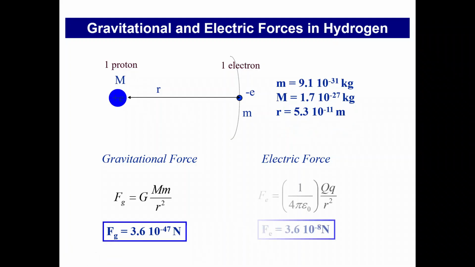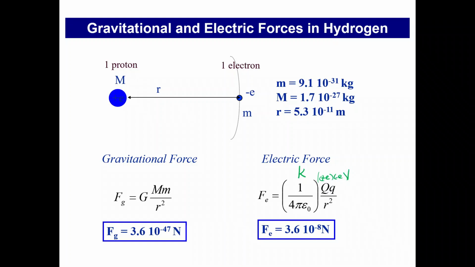Now, when we calculate the electric force, once again here they're using 1 over 4 pi epsilon naught instead of K, but you could use K instead. K is our 8.99 times 10 to the 9th, or 9 times 10 to the 9th. You get capital Q, lowercase q, which is basically just positive e and another e, because we take the absolute value of those charges.